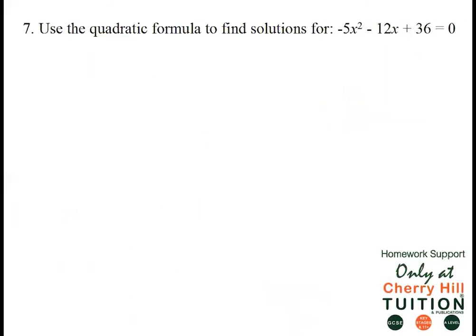Question 7, use the quadratic formula to find solutions for minus 5x squared minus 12x plus 36 is equal to 0. So again, the question asks us to use the quadratic formula, so we need to write down the quadratic formula.